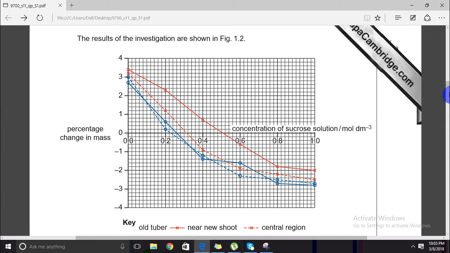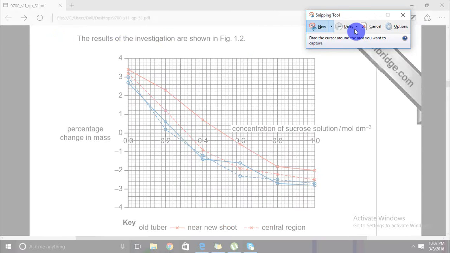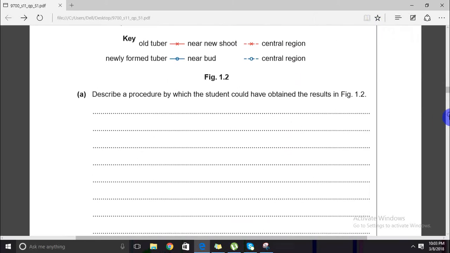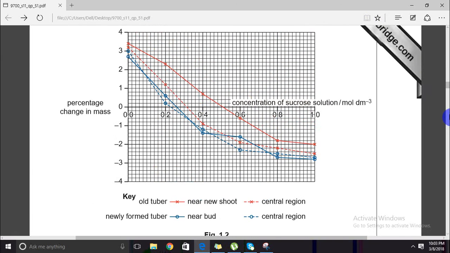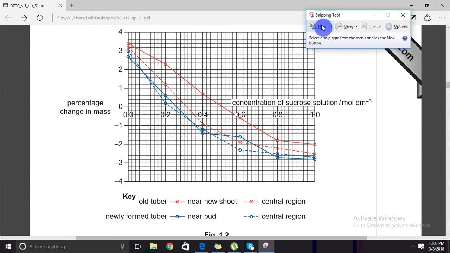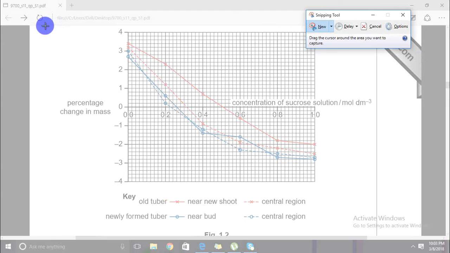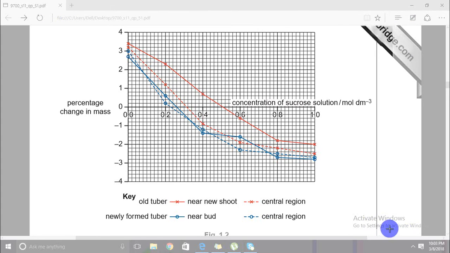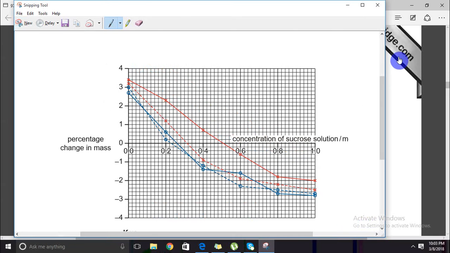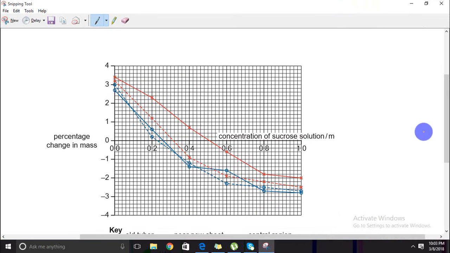So the complete line is for the old tuber, the complete red line. Right?